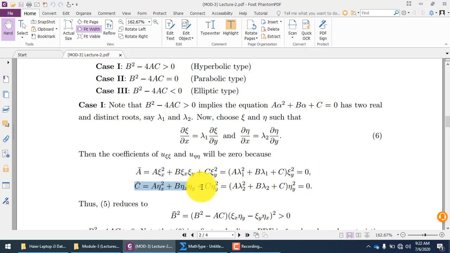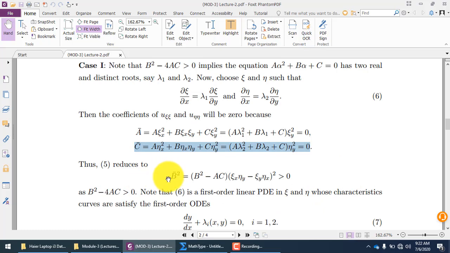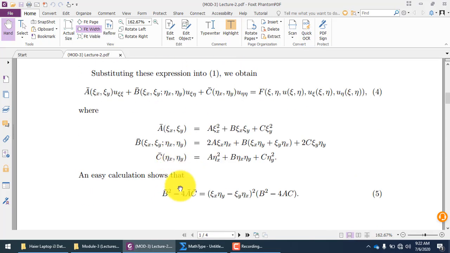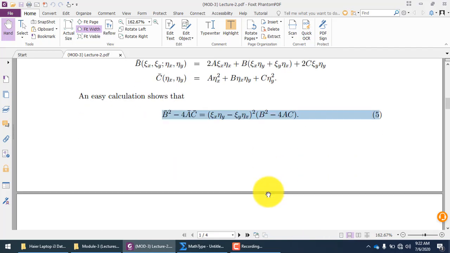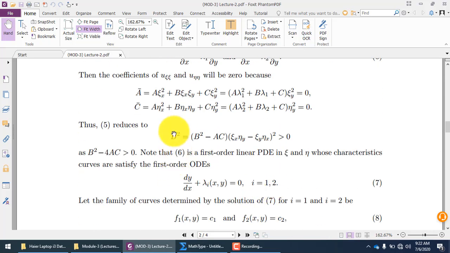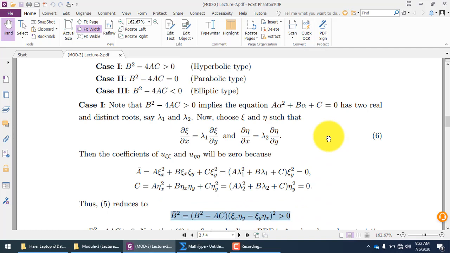C bar is equal to this, and we have selected it to be 0 because we are taking the choice that B bar must not be equal to 0, because that reduces equation 5. What is equation 5? This is the discriminant equation in new variables. It will make B bar square equal to this, and this has to be strictly positive, and it will be strictly positive because we have taken the choice of A bar, B bar and C bar in our desired way.